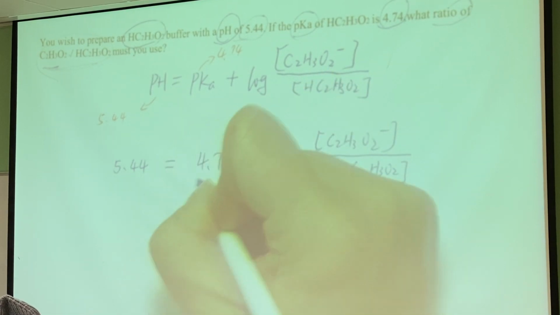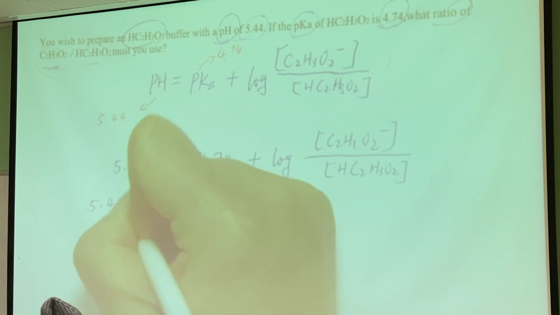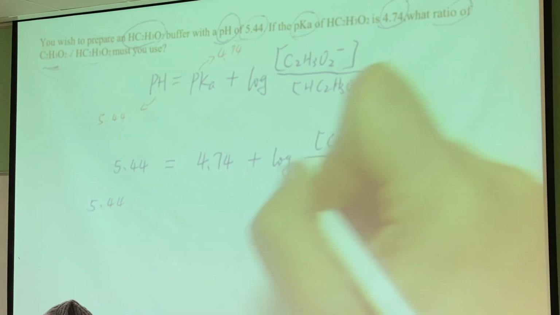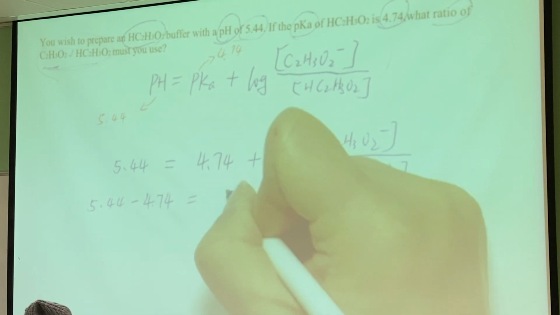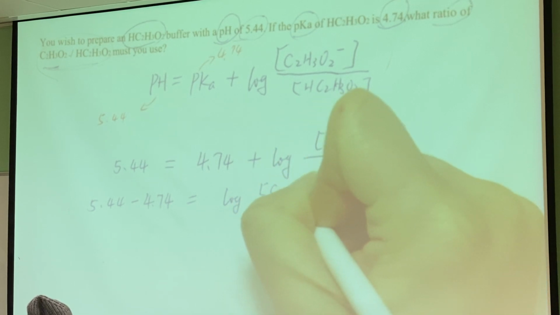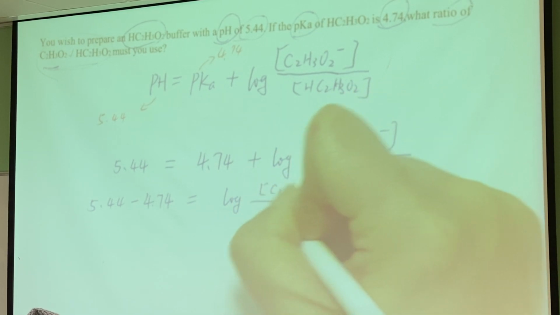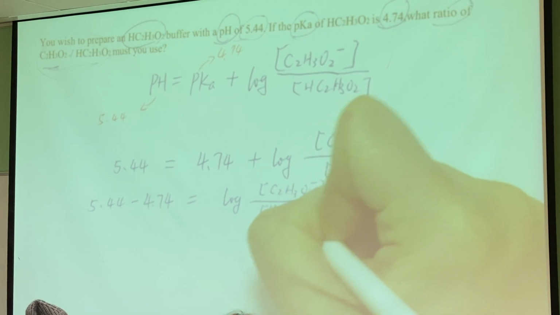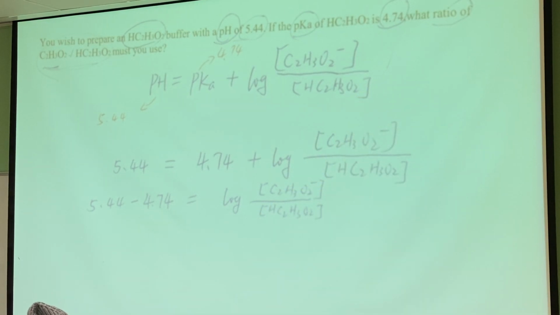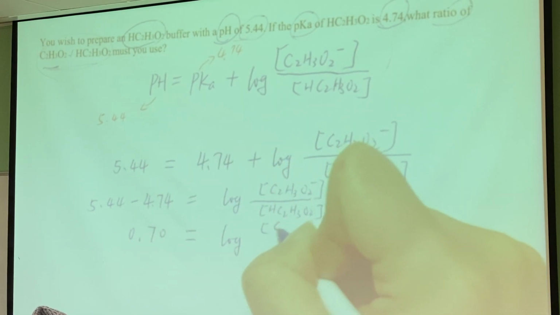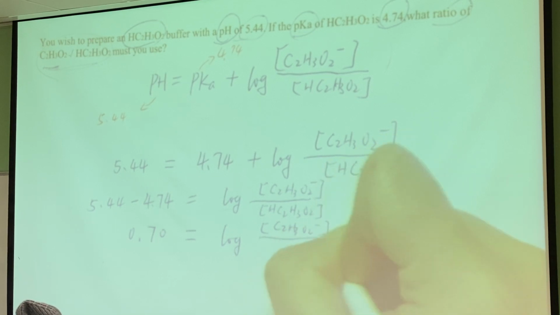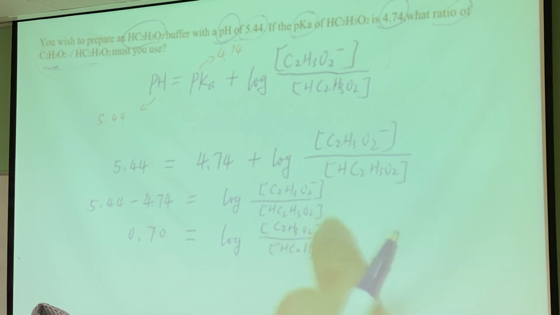So I got it, 5.44 minus 4.74 on both sides, or you move it to the left, it becomes a negative. So you can solve it. So that is the log of this ratio.